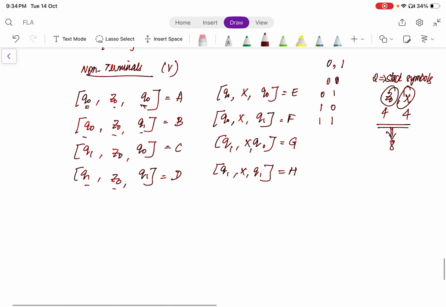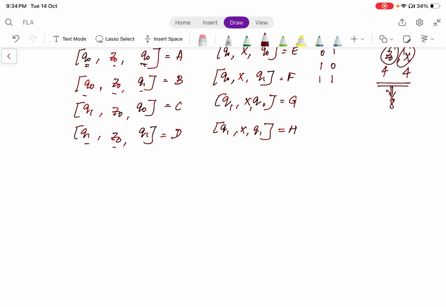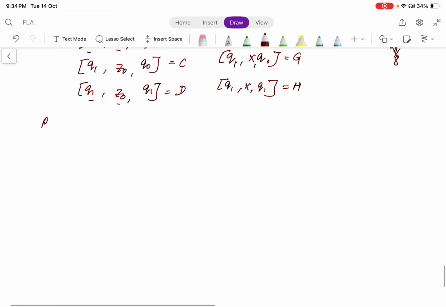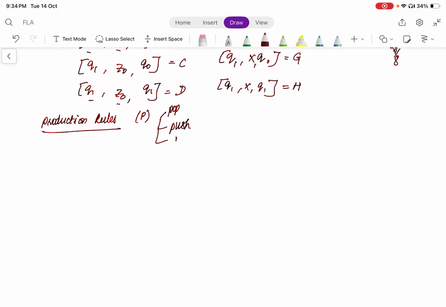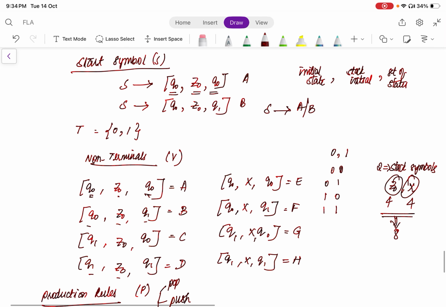Now we'll move on to the production rules. After the terminals, you are going to find out the production rules. In a PDA we have three operations, right? Push, pop, and read. For all these three operations you should write the production rules. How can you identify from the question whether it is a push or a pop operation?